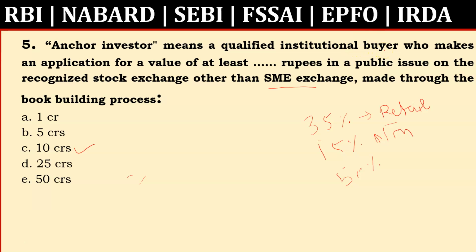And what are the non-institutional investors? Investors other than retail investors and other than qualified institutional buyers. For them, 15% is the minimum allocation in the IPO process.